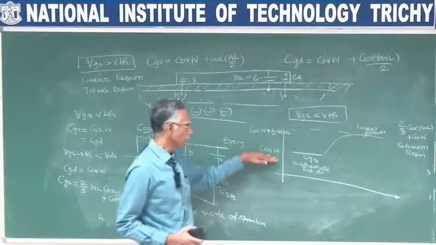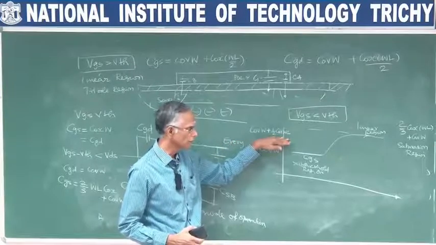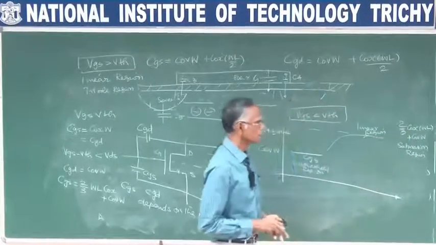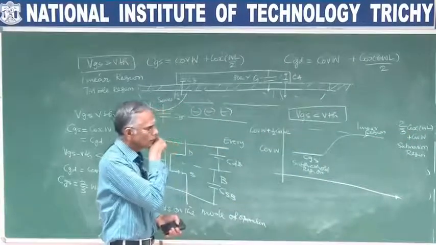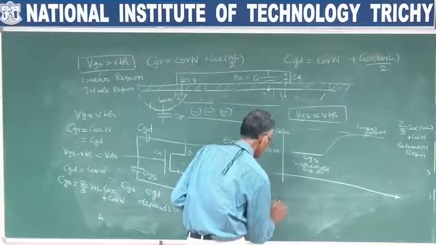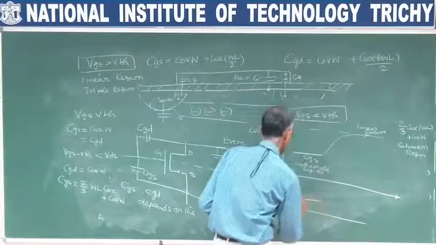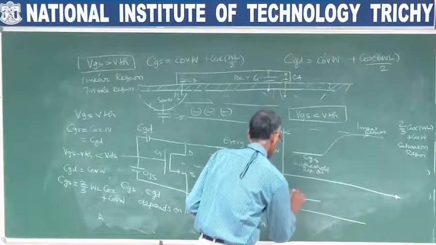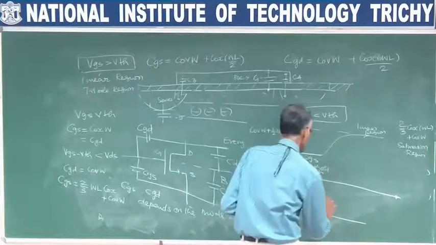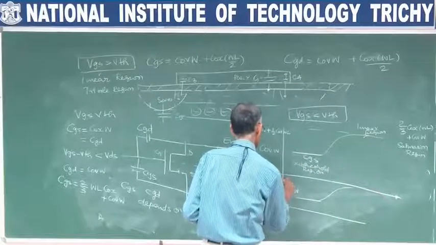Initially it is COV into W. In the linear region it is COV W plus half COX into WL. In the saturation region it becomes 2/3 COX into WL plus COV into W. CDS in the subthreshold region it is COV into W. Then again it will be COV W plus half COX into WL.